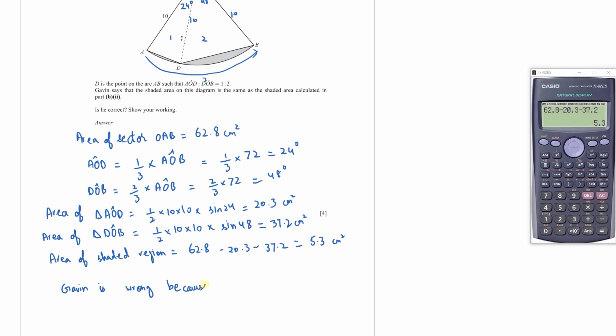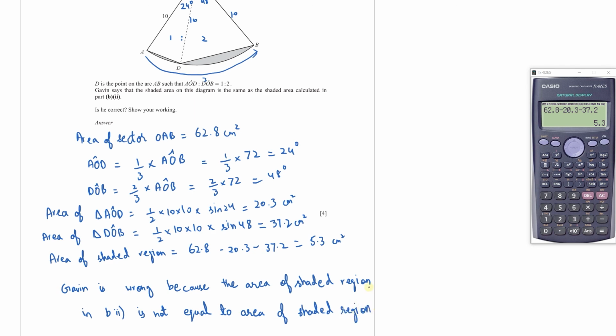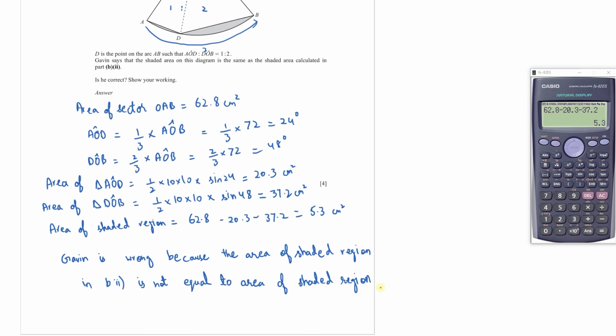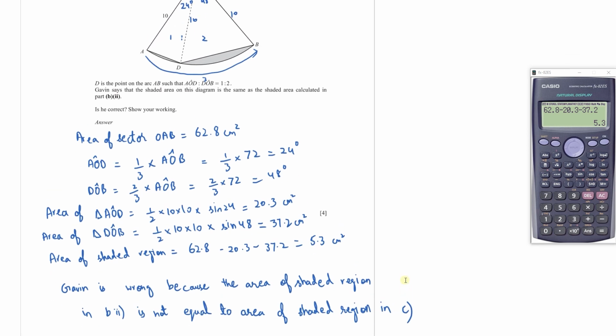Gavin is wrong because the area of the shaded region in B2 is not equal to the area of the shaded region in this part, which is C. So that's how you will solve this question.